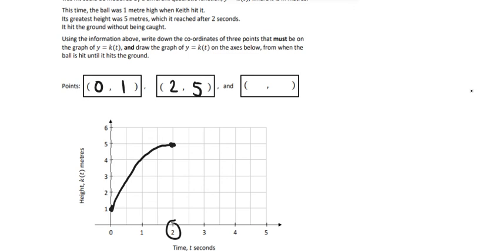So it has to come down here at 4,1. So the 4,1 goes in there.